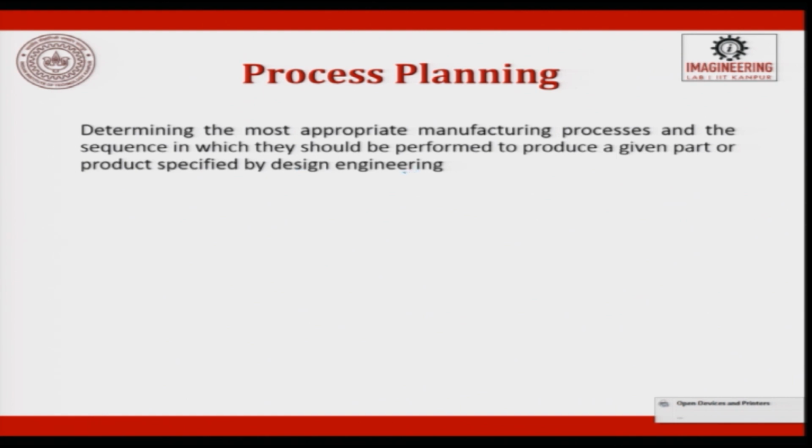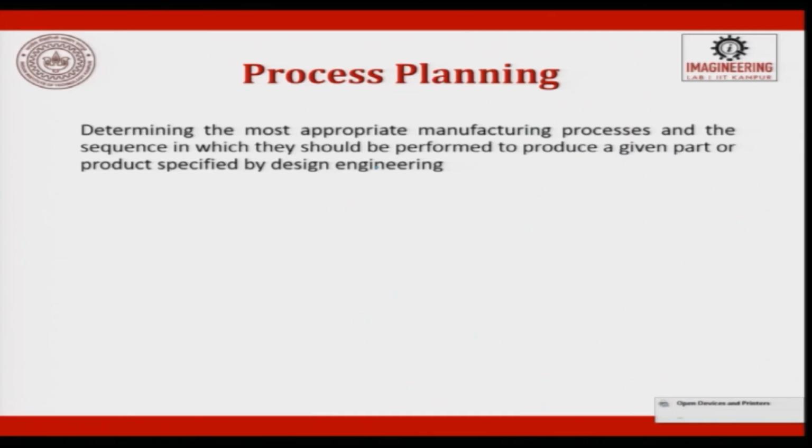You will not go back and reiterate the design engineer's drawing here. You will just listen to design engineer what he says. Based on the drawing, you will start looking forward for a process which will try to control the quality of the output.